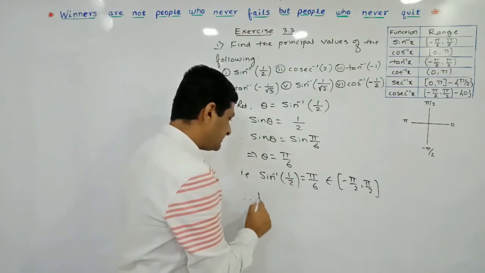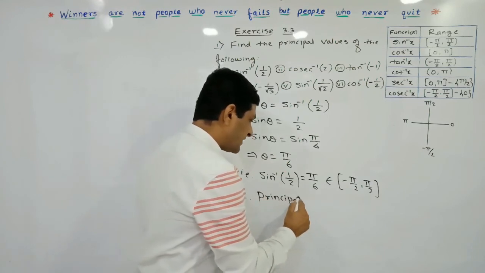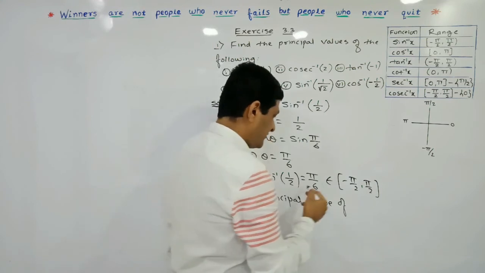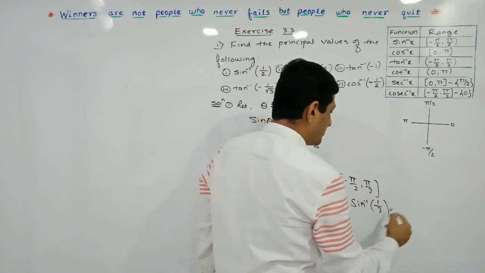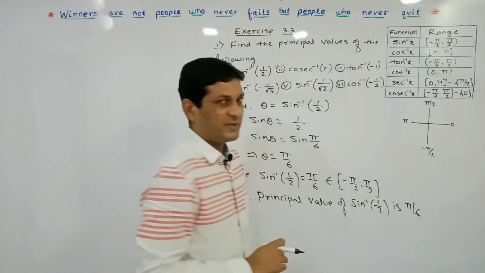Therefore the principal value of sine inverse of 1 by 2 is pi by 6. In this way we solve the example.